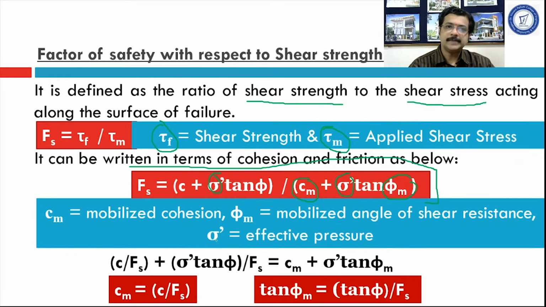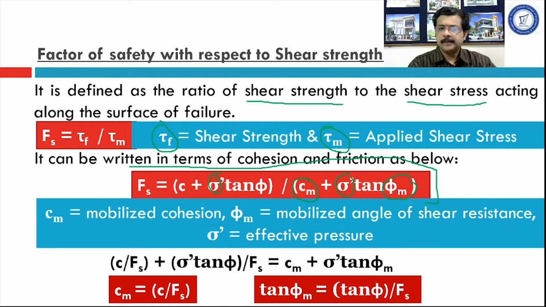C and phi are known to us before going for analysis. Sigma dash can be calculated with the help of the weight of the soil acting above the failure plane. Once we calculate sigma dash and substitute the values, we get the factor of safety.